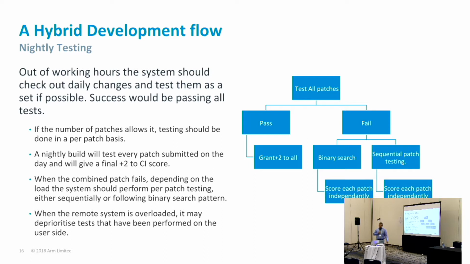The interesting situation is what will happen if you get the aggregated nightly build to fail. In this case, the system will need to decide, if this contained a lot of patches, whether to use a binary search algorithm trying to isolate the patches that break the build, and then score everything else independently, or just do sequential patch testing and try every single patch on its own on every single platform and score it with +2.